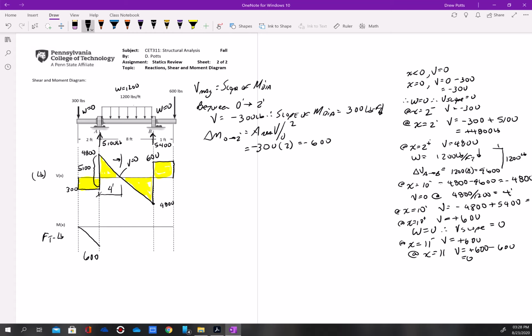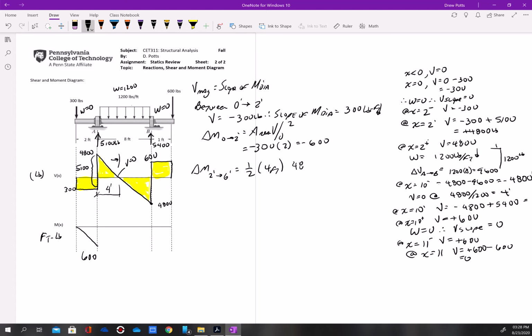Okay, so the area, so delta M from 2 feet to 4 feet is going to be 1/2 the base, which is 4 feet, times the height, which is 4,800 pounds, which is 2 times 48, positive 9,600 foot-pounds. So M at 4 feet equals M at 2 feet plus the change in moment from 2 to 4.